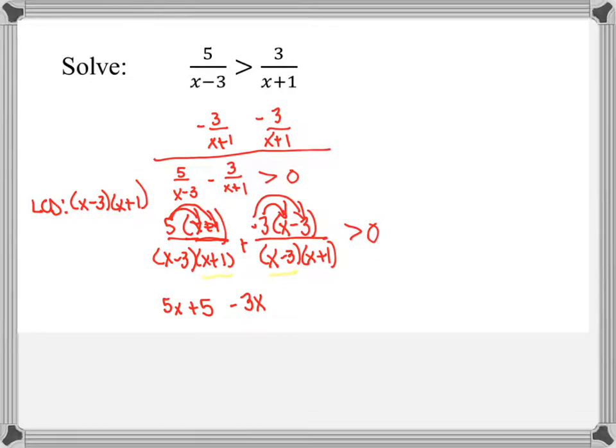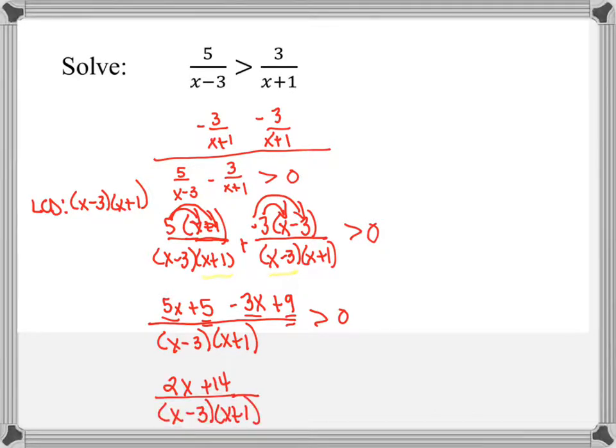Negative 3 times negative 3 is plus 9. That is all over x minus 3 times x plus 1, and that is greater than 0. Let's combine like terms. 5x minus 3x is 2x. 5 plus 9 is 14. Over x minus 3 times x plus 1, that's greater than 0.